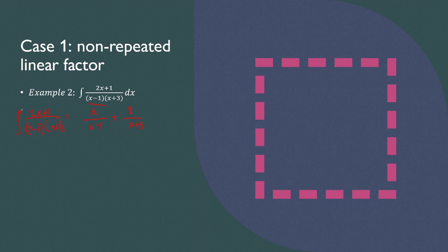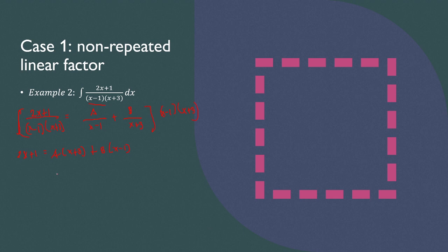What's the LCD? It's x minus 1 times x plus 3. So therefore, 2x plus 1 equals a times x plus 3 plus b times x minus 1.